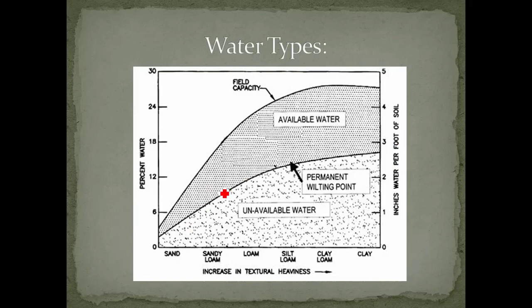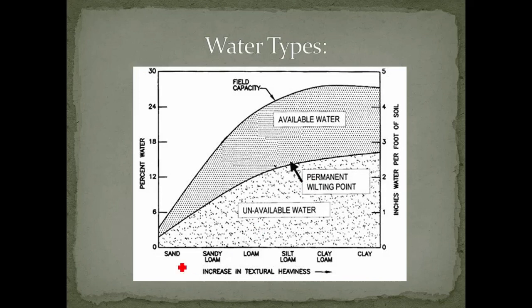Either way, you see that as you move from a sand to a sandy loam to soils with various higher percentages of clay, you have more available water. You have more water altogether. So you can see here the influence of soil texture on water availability and the amount of water that's available.